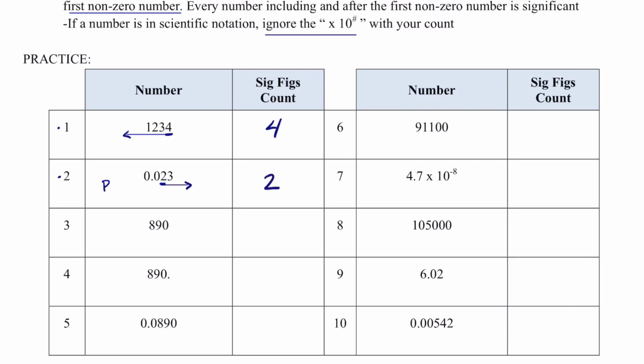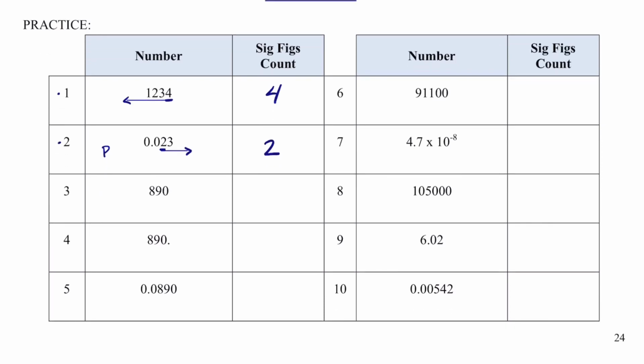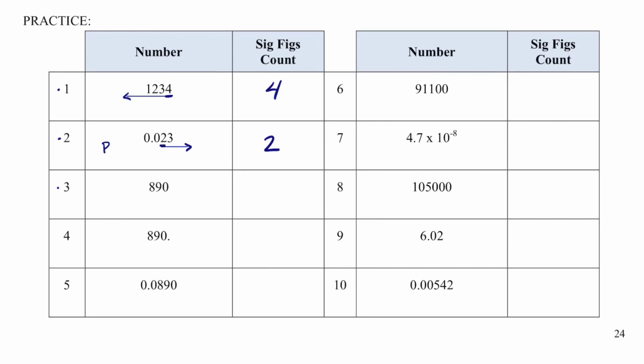And so that gives me 2 significant figures. On number 3, is the decimal present or absent? I think the decimal is absent, so I'm going to start on the Atlantic side and travel until I get to my first non-zero number. That would be 9. Anything including and after 9 is significant, so we have 2 significant figures.